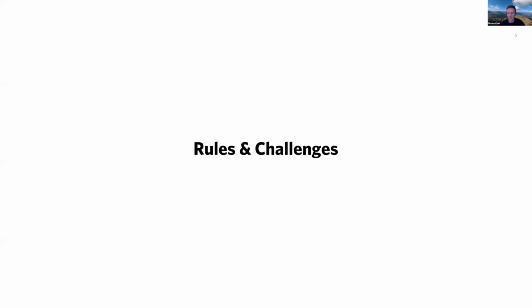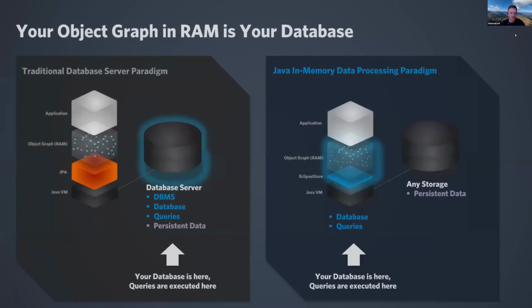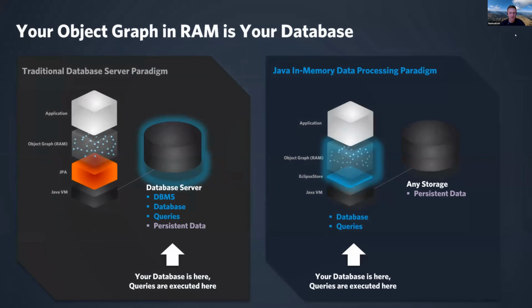There are some rules and challenges, of course, also. You should learn more about that. Keep in mind, a database server works fundamentally different from the MicroStream or the EclipseStore approach, because a classic database runs on a remote server. The database is stored on a remote server, and queries are executed on a remote server.